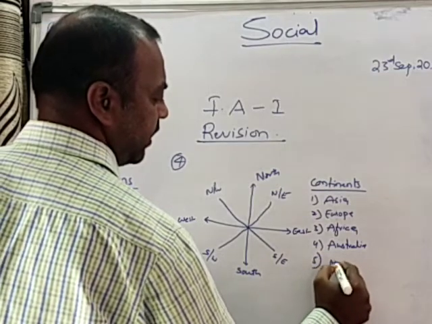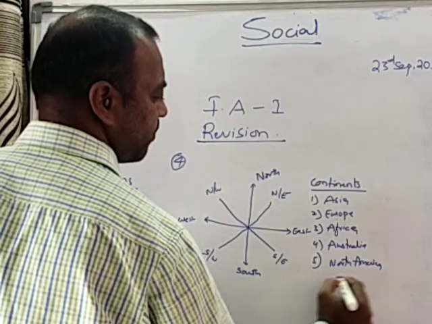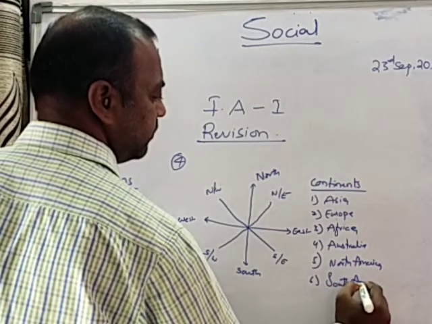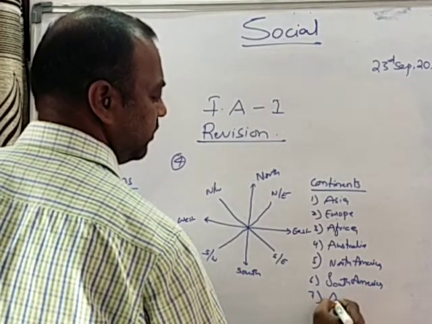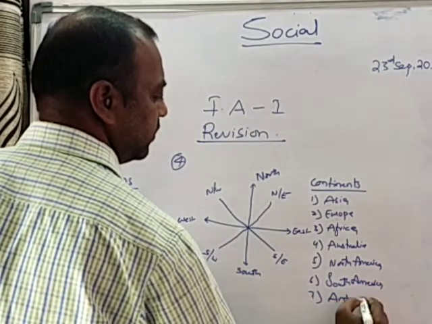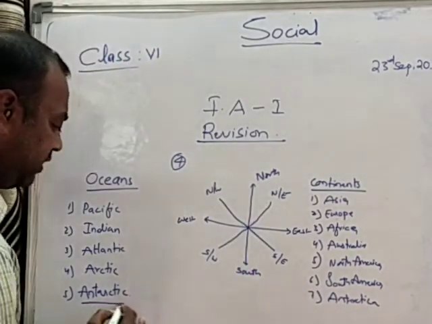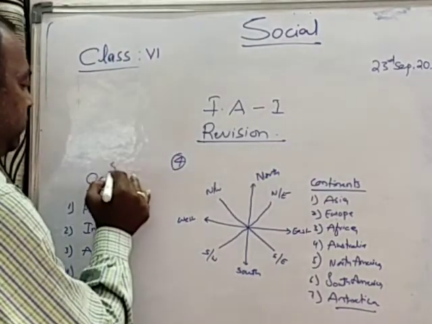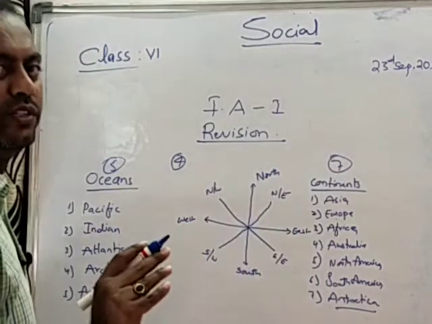Fifth one is North America. Sixth one is South America. And seventh one is Antarctica. So you must remember one thing, children, that Antarctica is an ocean as well as a continent. There are 5 oceans and 7 continents. Do not forget this.